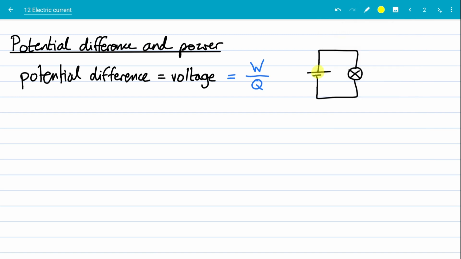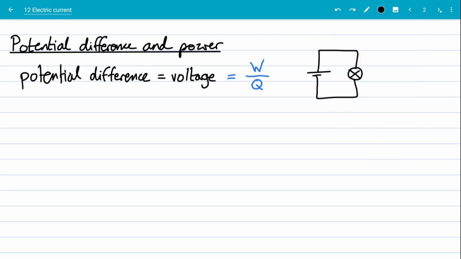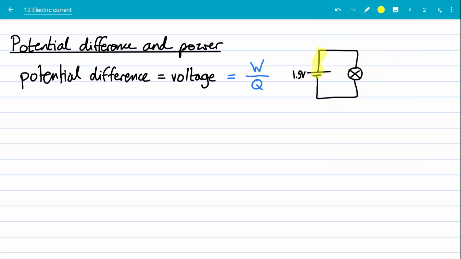So there's a view that the charge picks up some amount of energy, and let's draw this as a 1.5 volt battery. So every coulomb of charge would pick up 1.5 volts there. There's the view that that charge then carries that energy through this circuit and drops it off at the lamp, has zero energy when it leaves, and then picks up 1.5 volts again. And we go around and around and around.